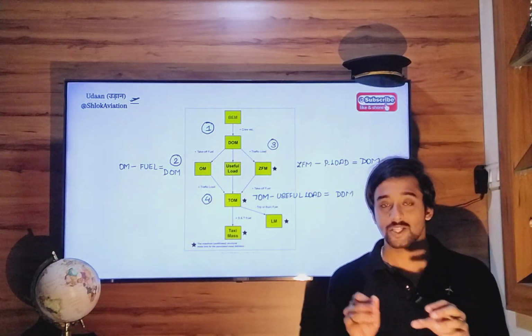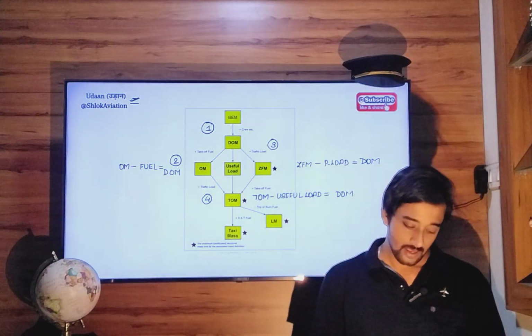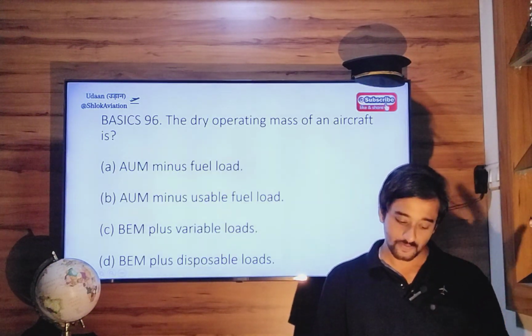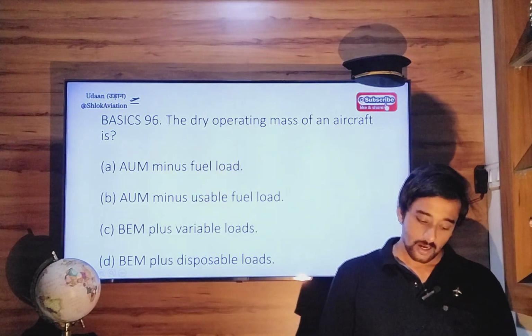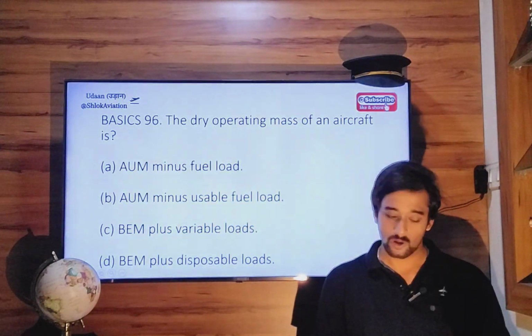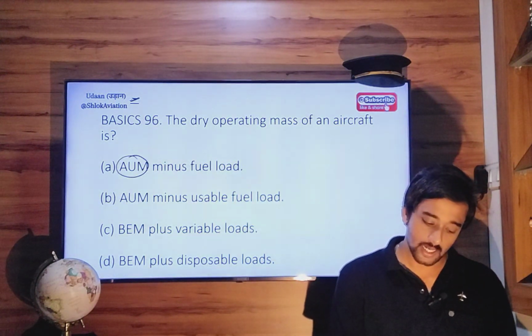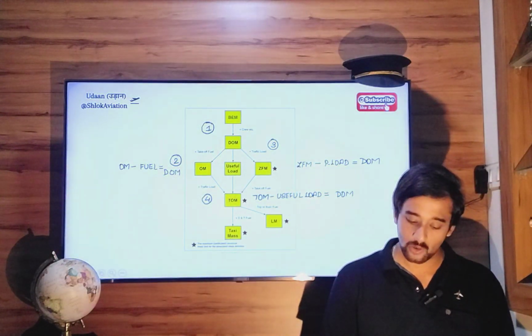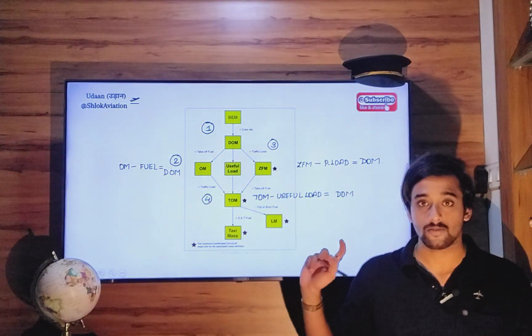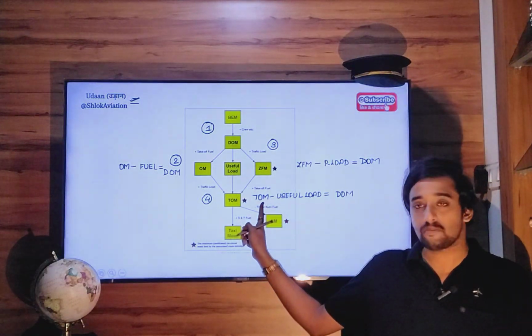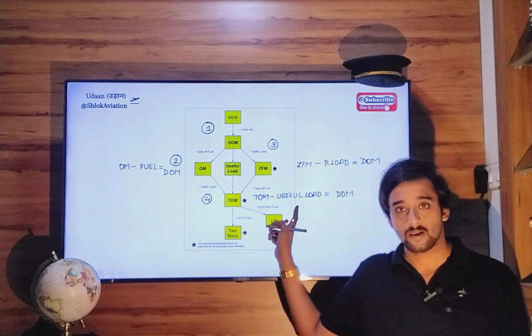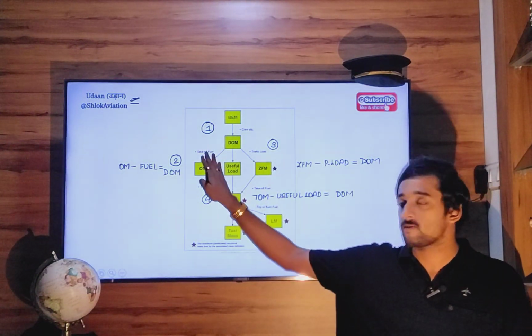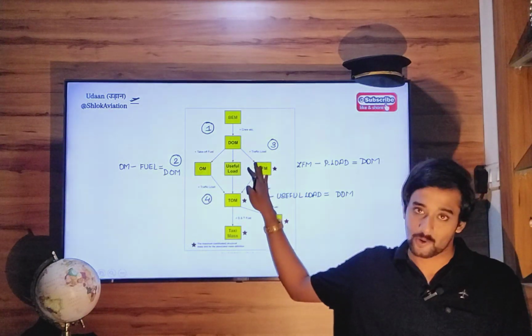Now you have to pay attention to the options given. Okay, so we will come to know what is the right option. All up mass minus fuel load. Now in this case, all up mass means the takeoff mass of your aircraft. So our correct option should be all up mass minus useful load. Useful load is a combination of takeoff fuel load and payload, right?